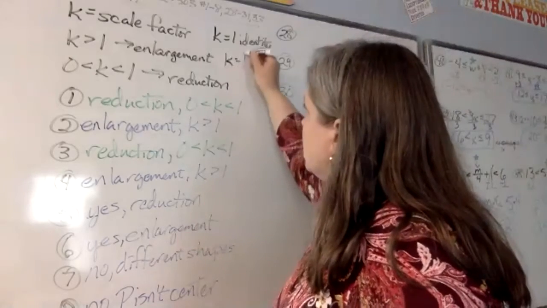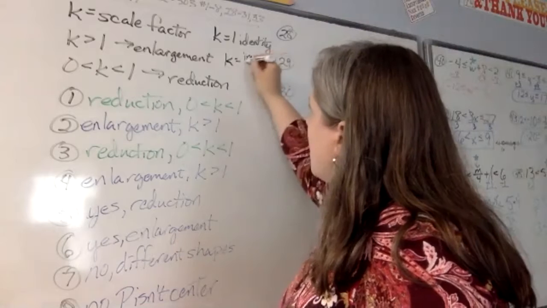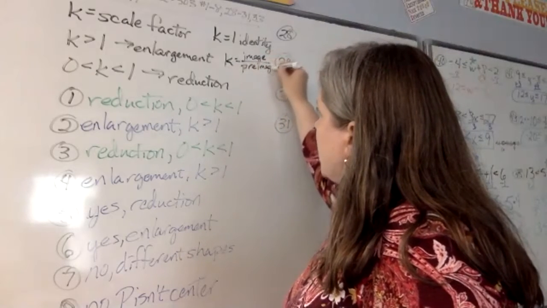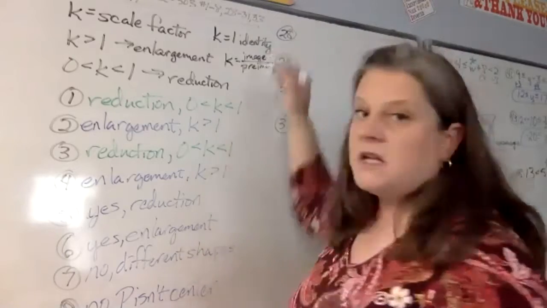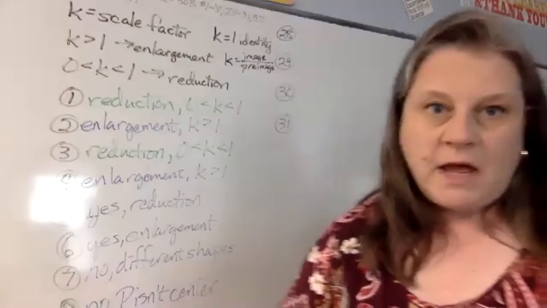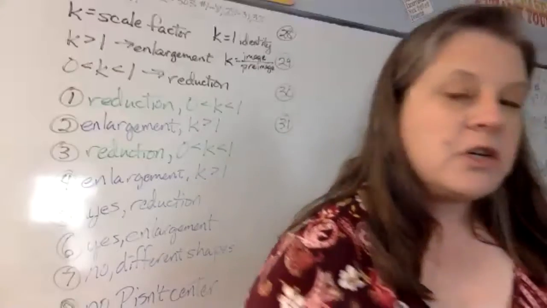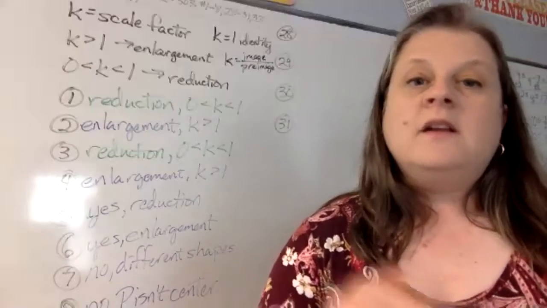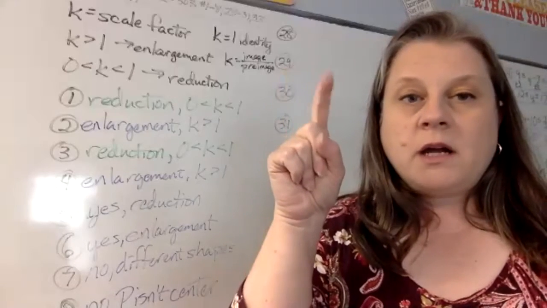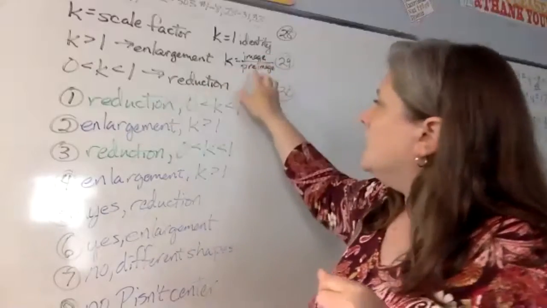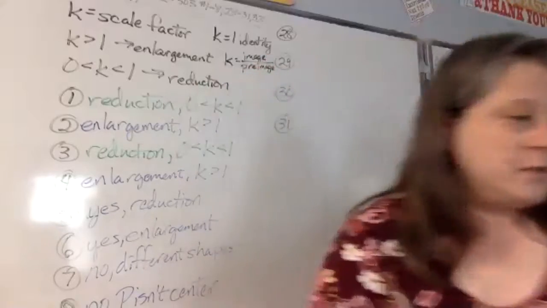K is equal to the image over the pre-image. Remember, our new image is the red one. The pre-image is the original, the black one. If it's got the points, like we have on 28 through 31, the one with the little prime mark after the letter is your new image, and the one without it is your pre-image.